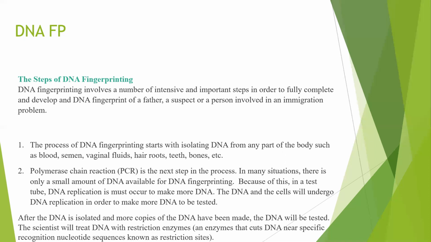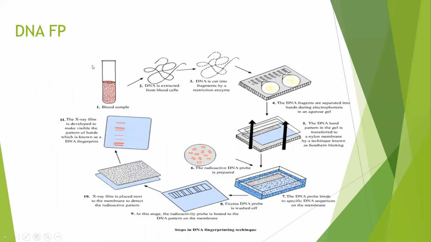The process of DNA fingerprinting starts with isolating DNA from any part of the body, such as blood, semen, vaginal fluids, hair roots, teeth, bones, etc. Look here. For example, first you take a blood sample.